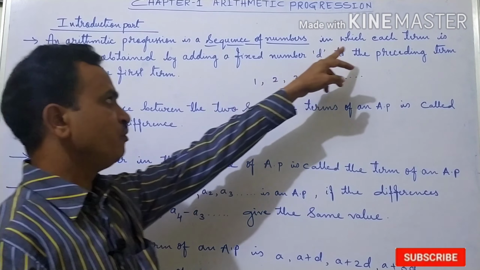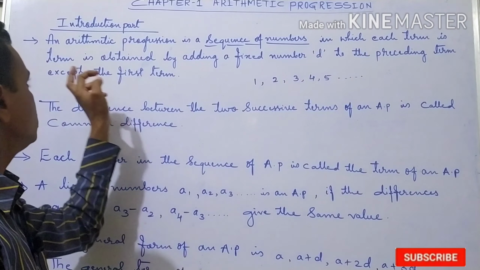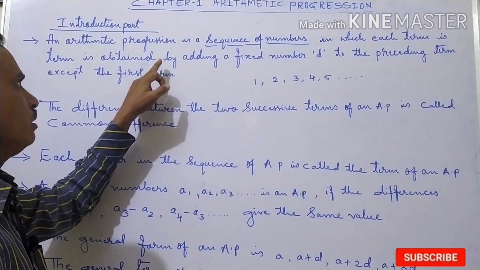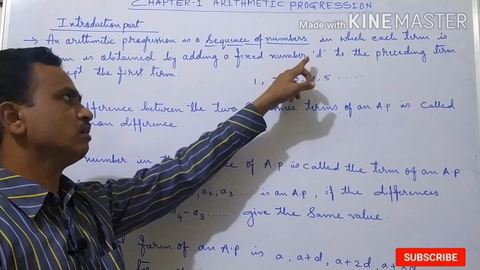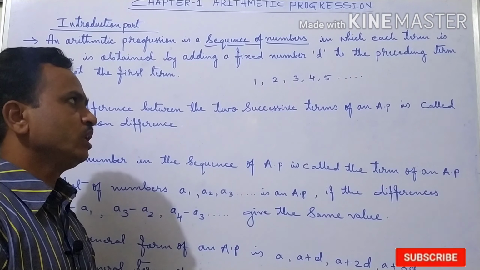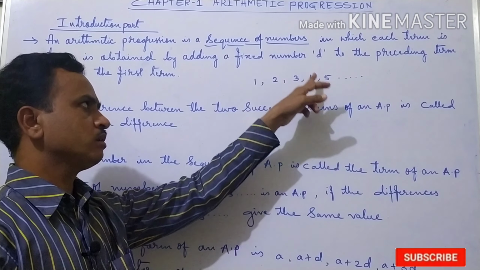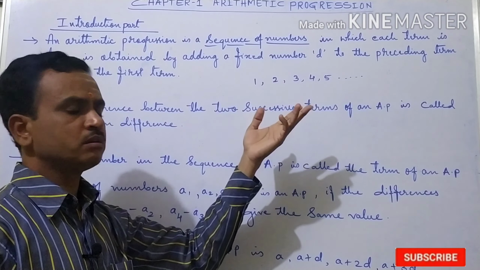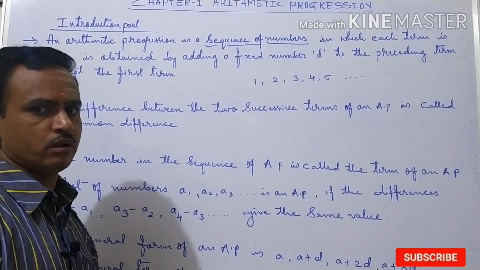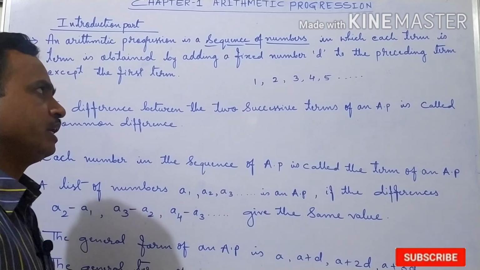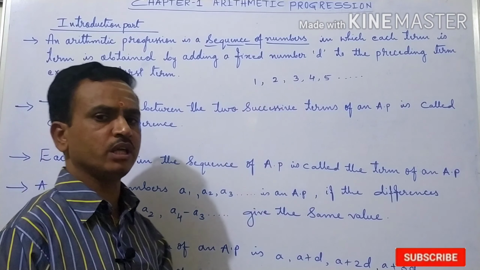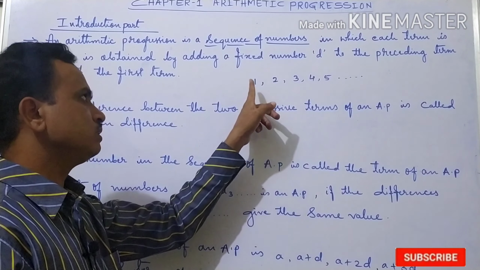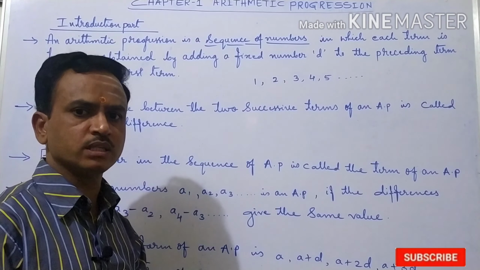Now here, in which each term is obtained by adding a fixed number d. What is the fixed number here? Now, the first number is 1.